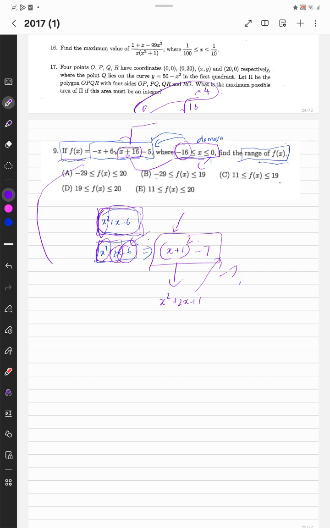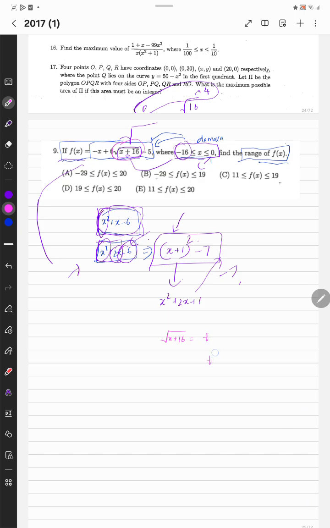With that being said, to find out the range, we are going to use the same technique of the quadratic expression. We have the square root of x plus 16. We are going to assume it as a specific unknown variable. Let's assume it to be t.